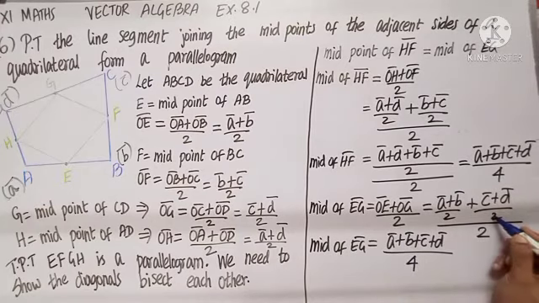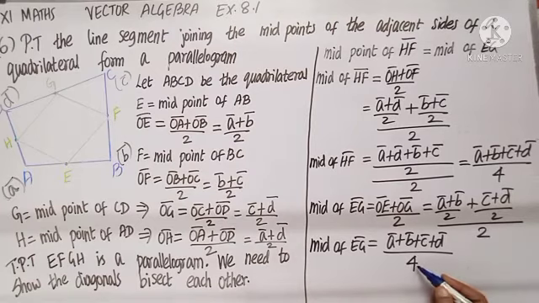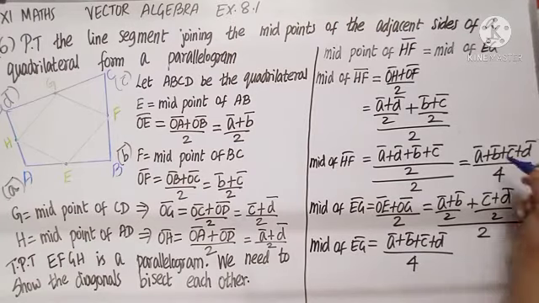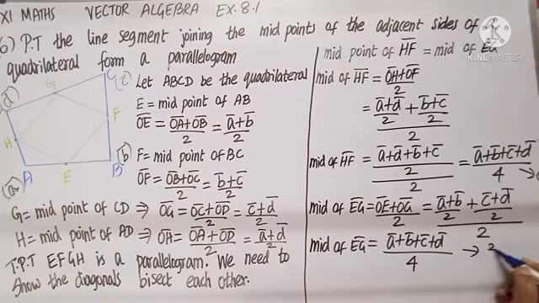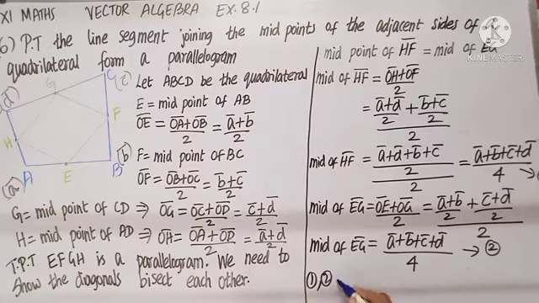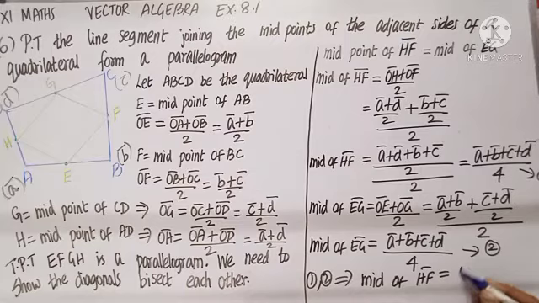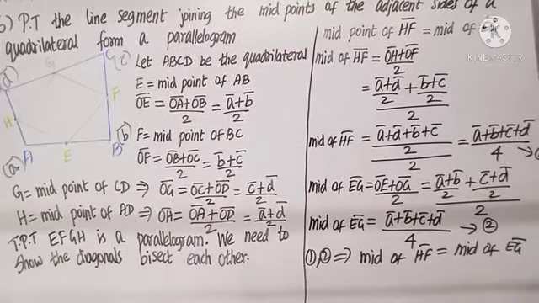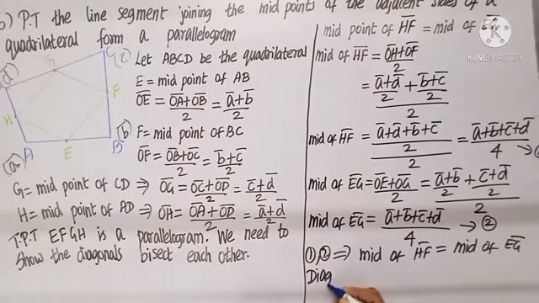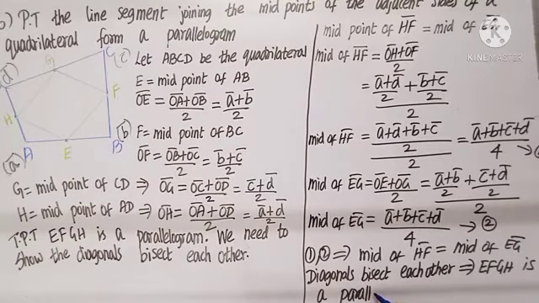The LCM 2 multiplied with the denominator gives us 4. Now I can show both are equal. Call this result number 1 and that result number 2. 1 and 2 imply the midpoint of HF equals the midpoint of EG. So I am able to show the diagonals bisect each other, and therefore EFGH is a parallelogram and hence the problem is proved.